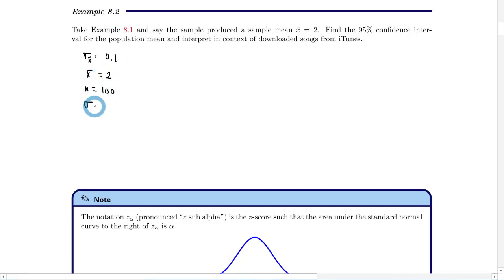And remember the population standard deviation was 1. So if we want to find the 95% confidence interval for the population mean and interpret it in context of downloaded songs from iTunes, then we can think about the empirical rule.